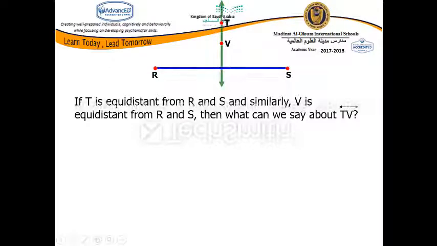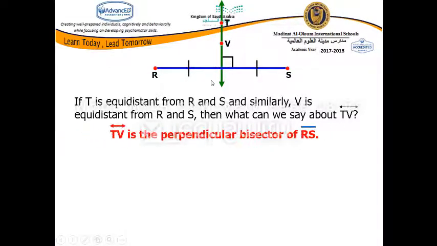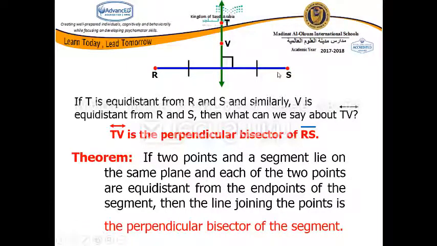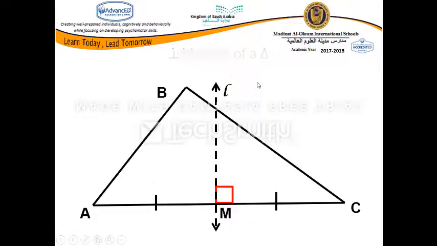Yes, the line TV is the perpendicular bisector to the line segment RS. Here, the 2 points and the segment lie on the same plane, and each of the 2 points is equidistant from the endpoints of this segment, so the line joining them is the perpendicular bisector of segment RS.